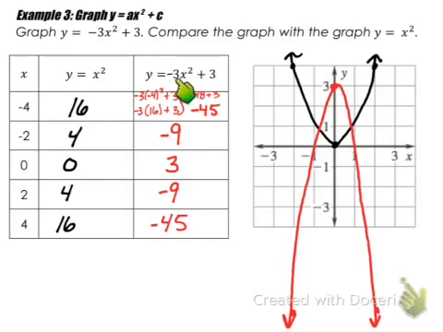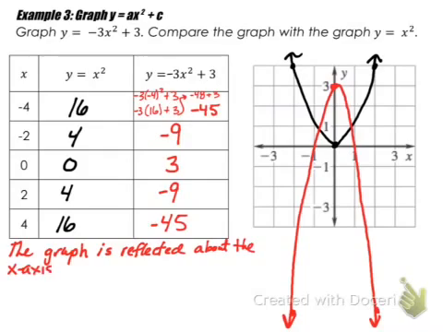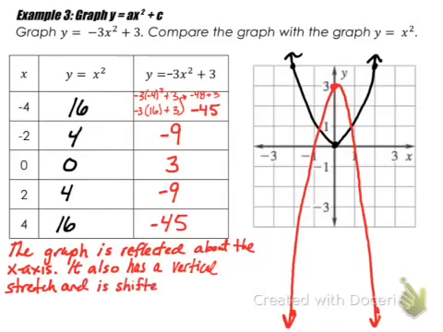The negative sign reflects the graph, the 3 makes it a vertical stretch or narrower shape, and the positive 3 is a shift in the positive direction for our vertex. So we would write that down: we have a graph that is reflected about the x-axis, has a vertical stretch, and is shifted 3 units up.